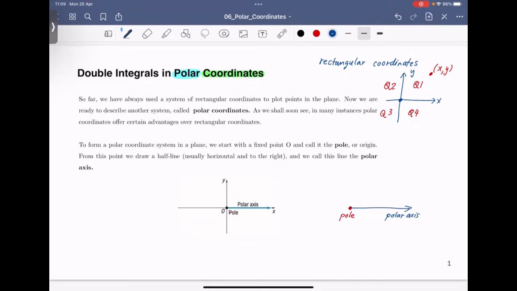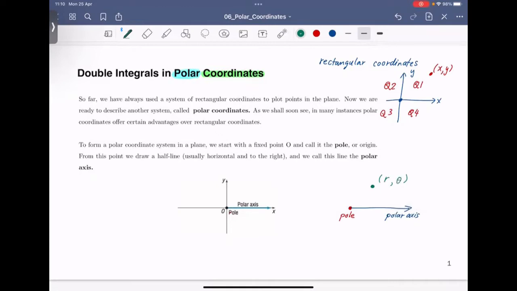And the way we're going to do it, every time you plot any point in polar coordinates, we're going to measure it by an ordered pair as well. But what you're going to do, the first component is going to be r, and the second component is going to be theta.